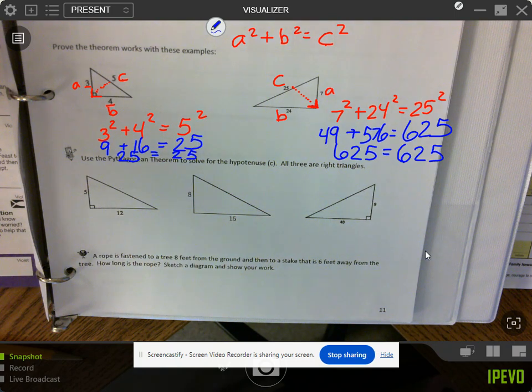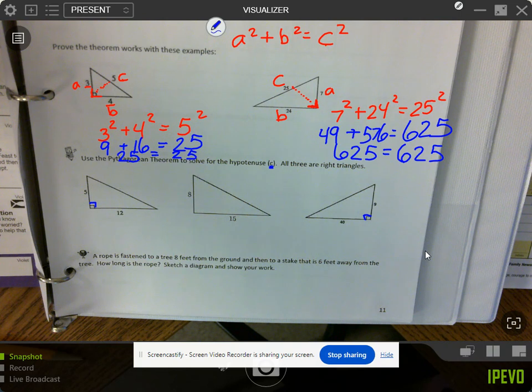So we're going to use the Pythagorean theorem to solve for the hypotenuse. So remember, we're solving for the hypotenuse, which is the C. All three of these are right angles. Two of them tell us where that right angle is. The other one, we have to look at it. The direction said it's a right angle, so we know there's a right angle in there. We have to look and say, can I find it?